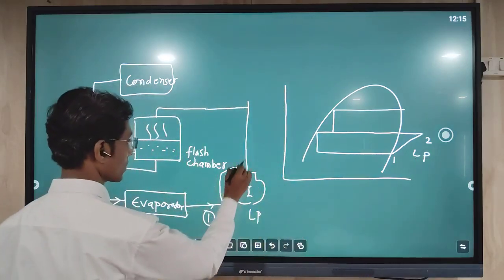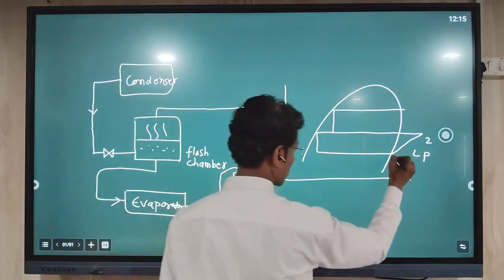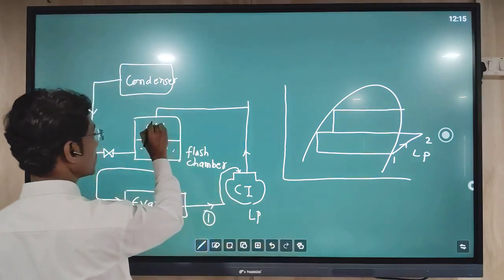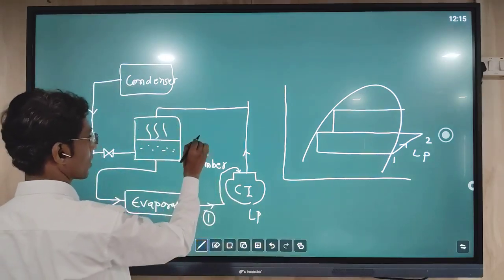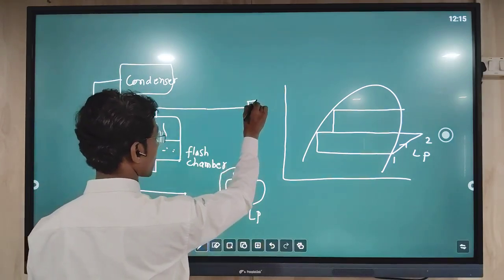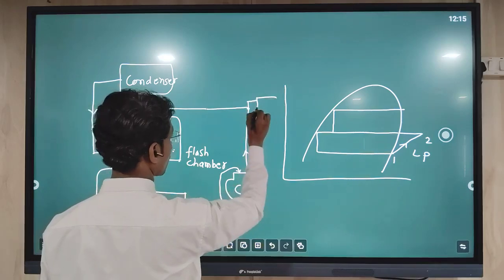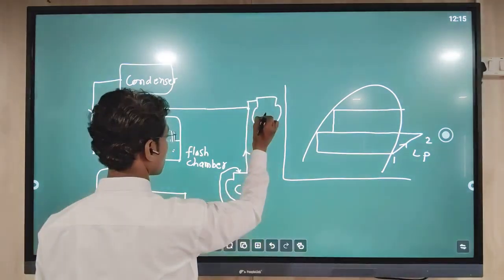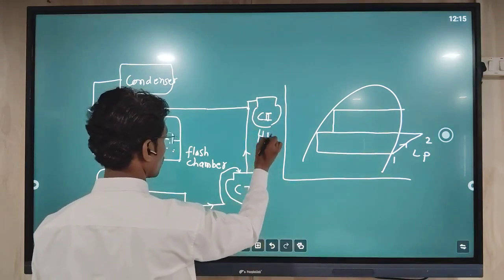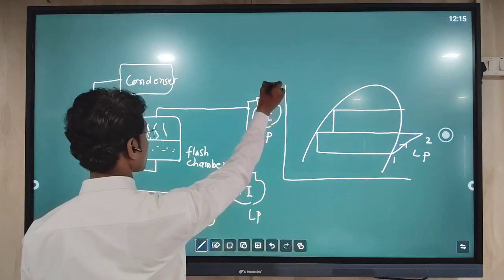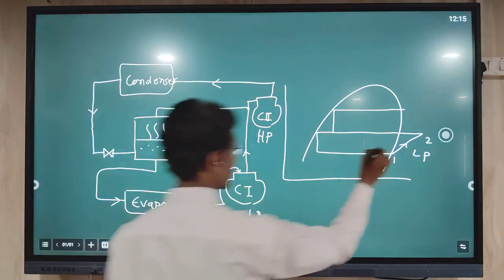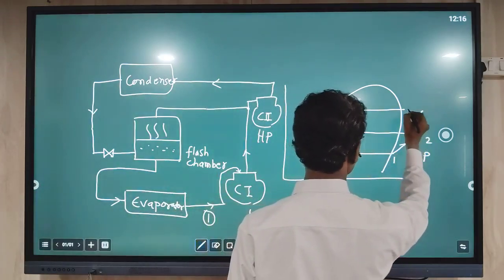From the low pressure compressor, the vapor comes out. This vapor and the vapor which is coming out of the flash chamber are mixed together, and these vapors are given to the next compressor, the high pressure compressor, compressor 2. From this compressor, the connection is given to the condenser. So here it will be like this.